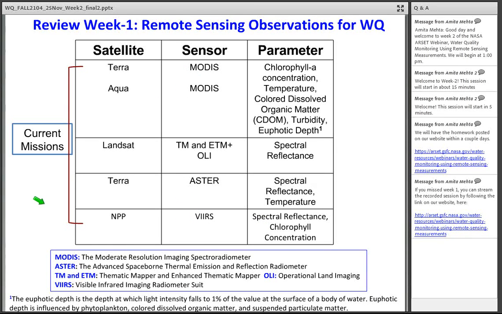So what we're going to do is go through each satellite, talk about orbits, talk about each sensor, which spectral bands they have, what kind of resolution they have, and where to get this data and more information about these data. We'll start with that.